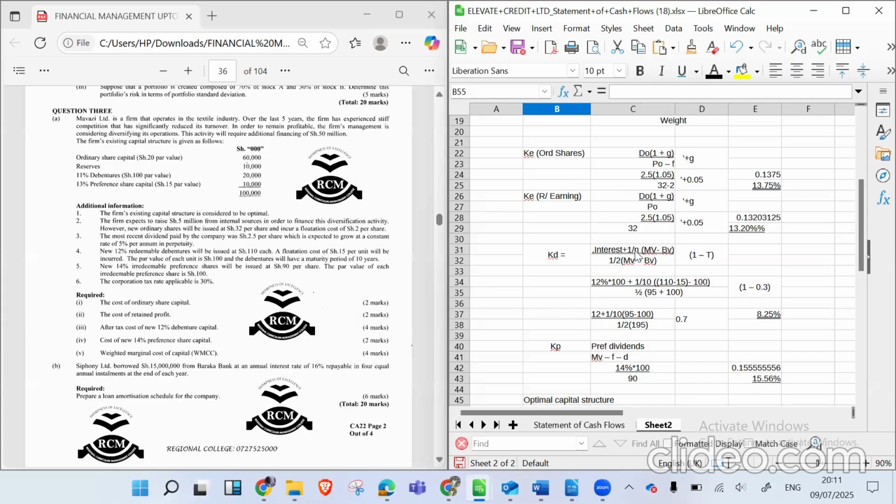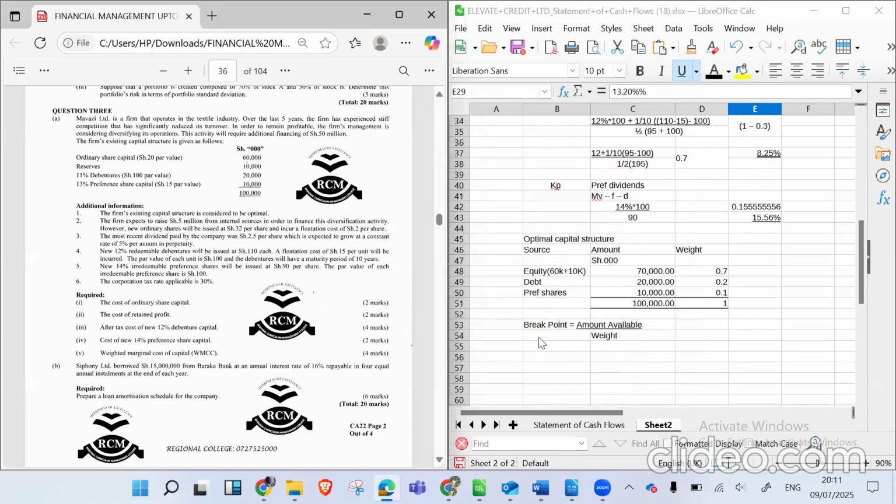For that reason, I must first of all utilize the amount available from a cheaper source, in our case retained earnings, before raising any amount from a more expensive source. So before I get anything from ordinary shares, I must use the available retained earnings. How much do I have from the retained earnings? I can raise 5 million.